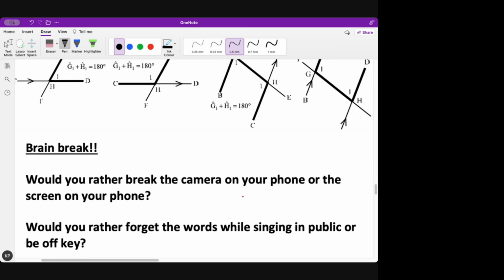So you either sound really strange or you're saying the wrong words altogether. Which one do you prefer? Off key. But you want the right words as long as you sing off key. Guys, I'd rather forget the words. It's fine. I'll make up words. It's fine. Guys, you know how hard it is to come back on key. When you lose it, you're like, what?